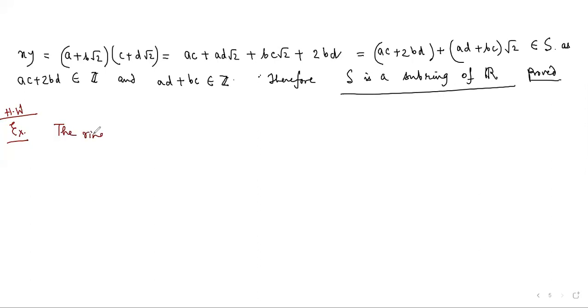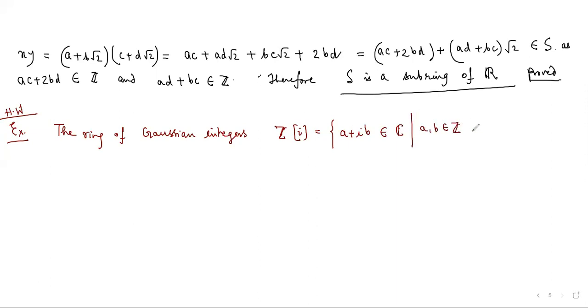The ring of Gaussian integers, Z[i], equal to a plus ib belongs to C, a, b belongs to Z, i squared is equal to minus 1, is a subring of C. Try to prove this result.